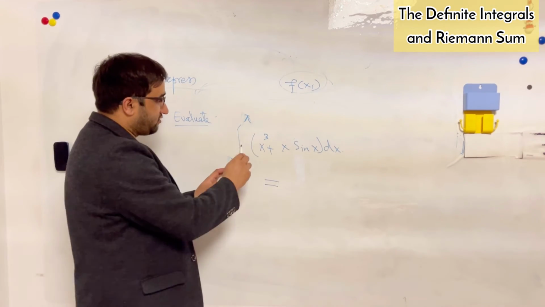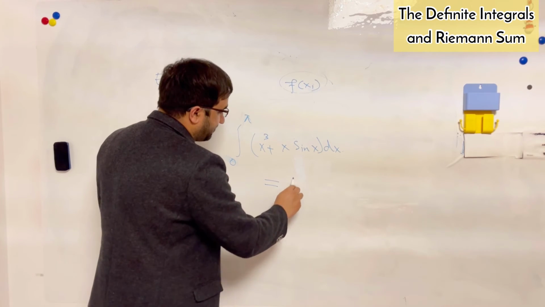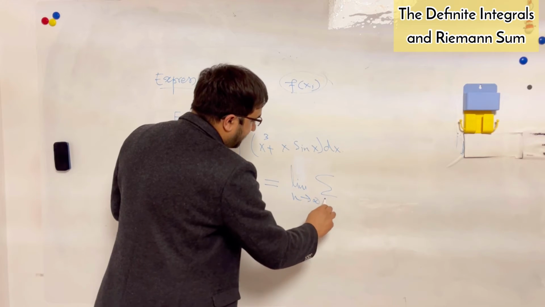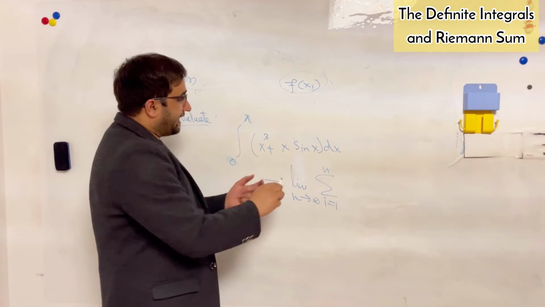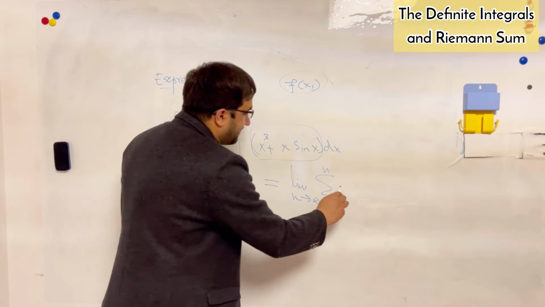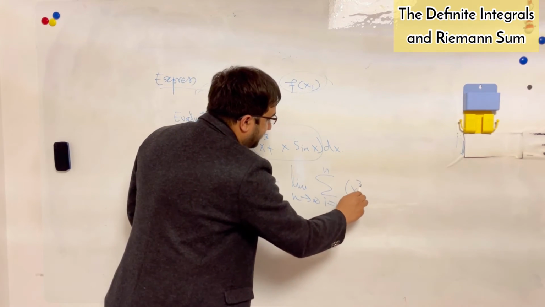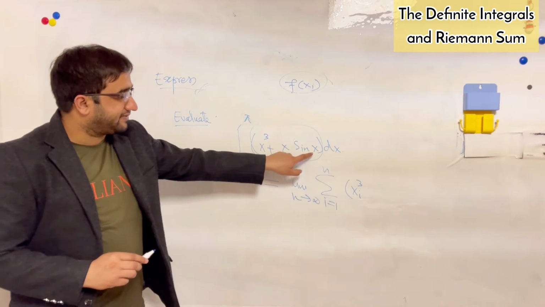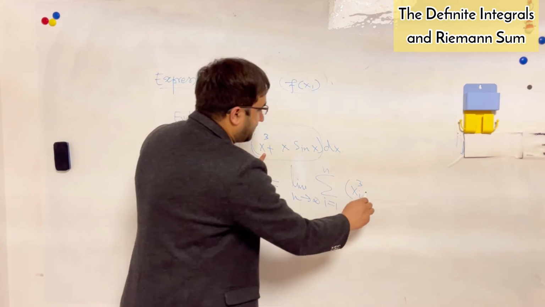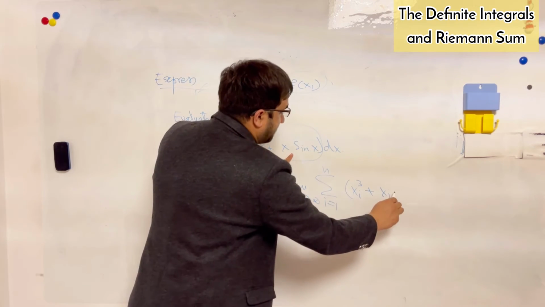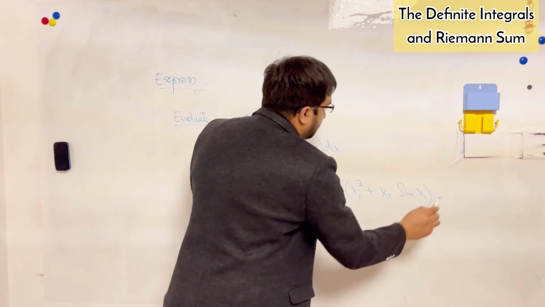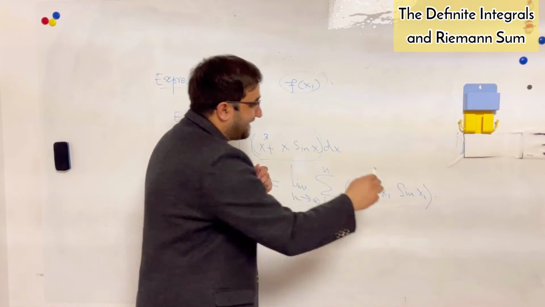You will convert this into a Riemann sum and say, limit n approaches infinity, summation i from 1 to n, and now this is f of x. So in this case you will add i, so it becomes xi cube. Everywhere there is x, you add this i. So xi cube plus xi sine of xi, and the dx will be replaced with delta x.